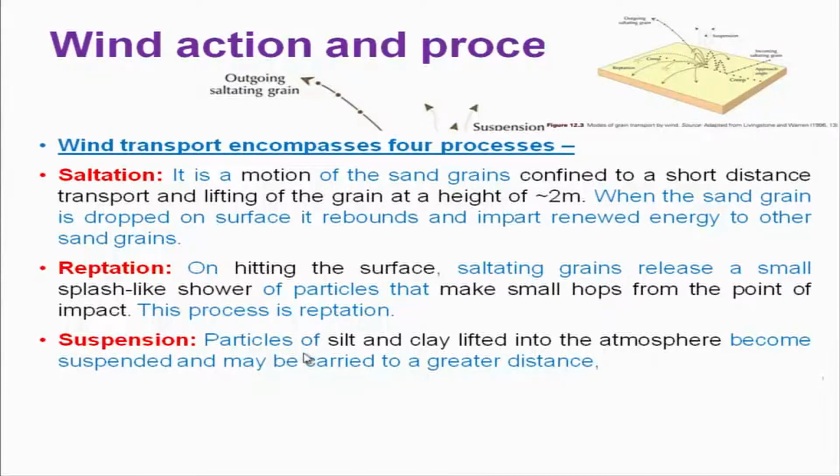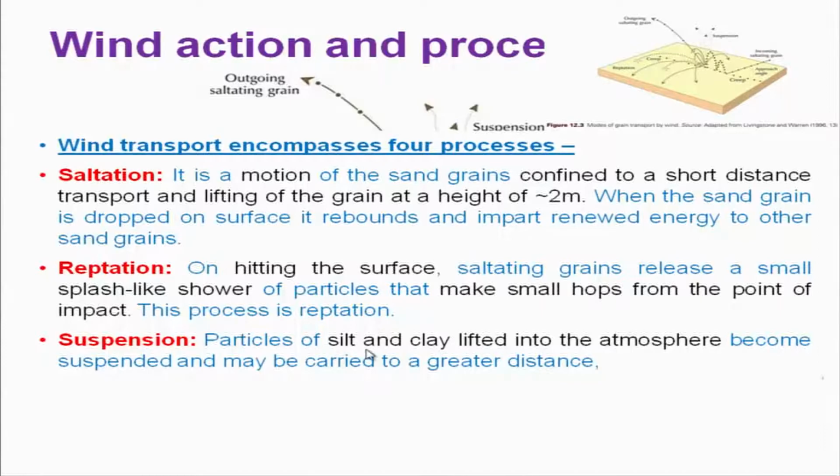Suspension. Particles of silt and clay size lifted in the atmosphere become suspended and may be carried for a greater distance. In the case of saltation and reptation, we are talking about a short distance, just a hopping from one place where the previous grain is hitting the surface; its movement is not for a very long distance.